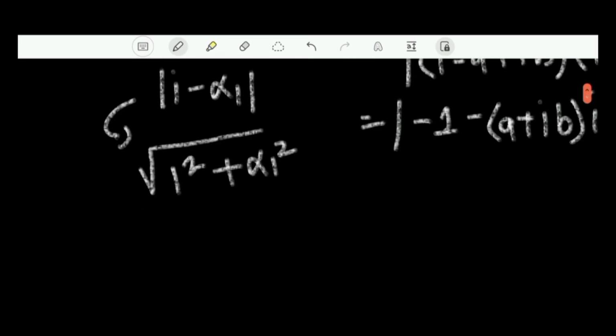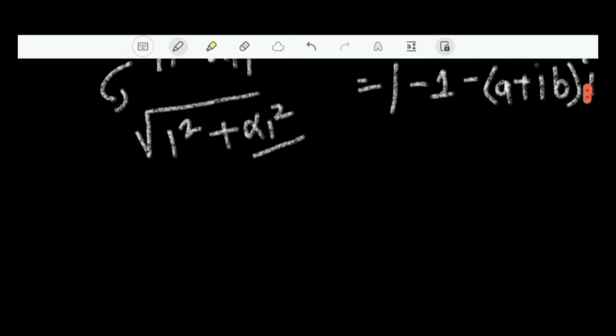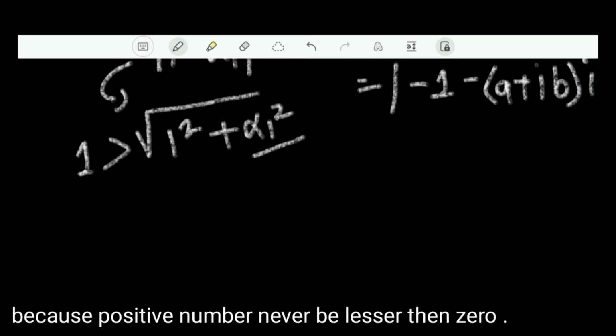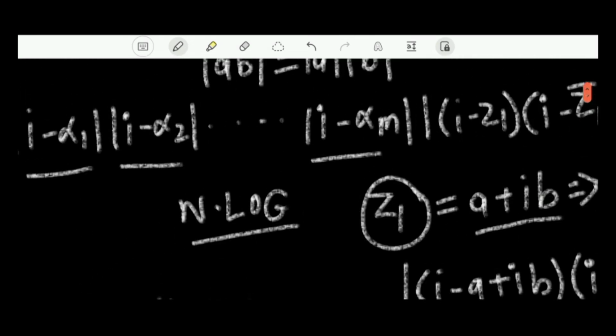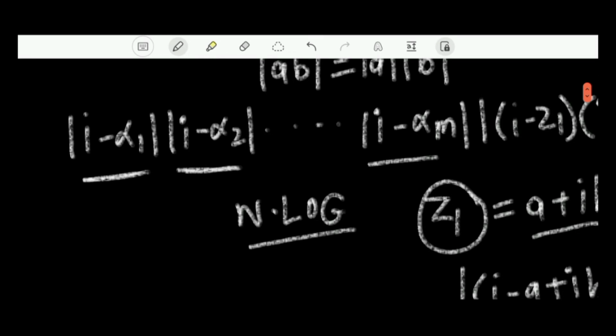So alpha 1 square is a positive number, and we know that it can never be lesser than 1. So all these terms can never be less than 1.